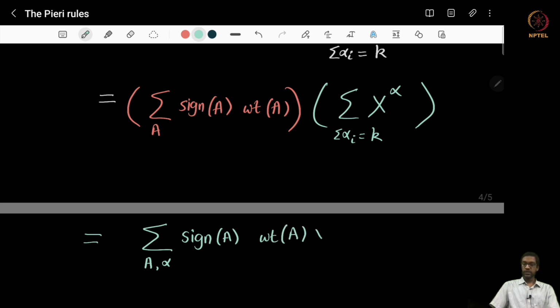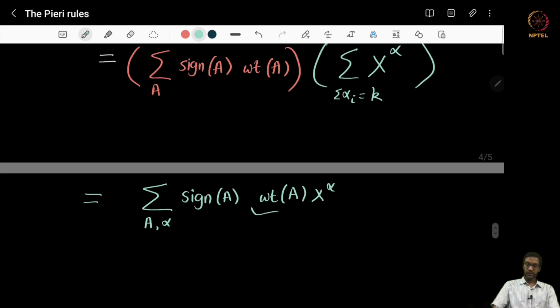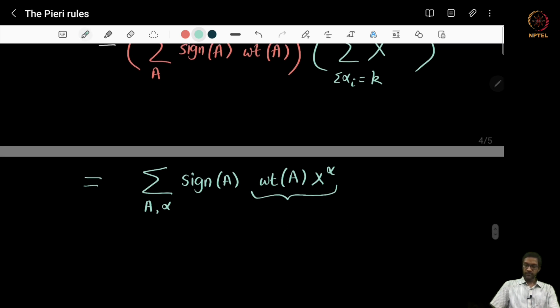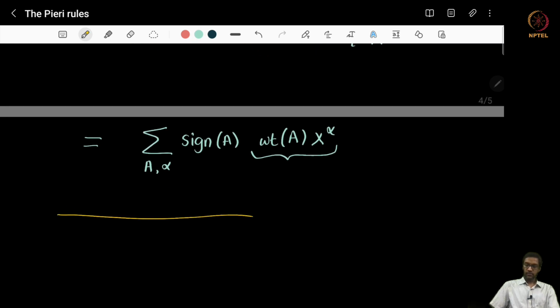If you recall how the weight of an abacus was defined, let's go back to that. An abacus itself was sort of a number line with some bead positions. Let's say the beads reside at positions 0, 2, 5.